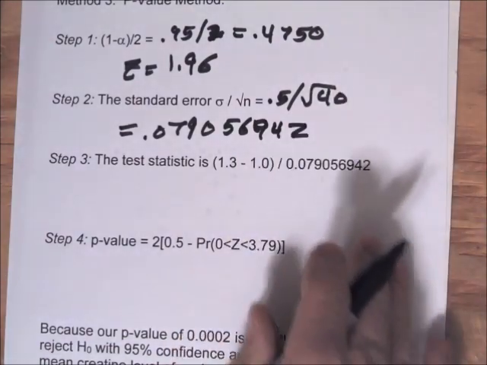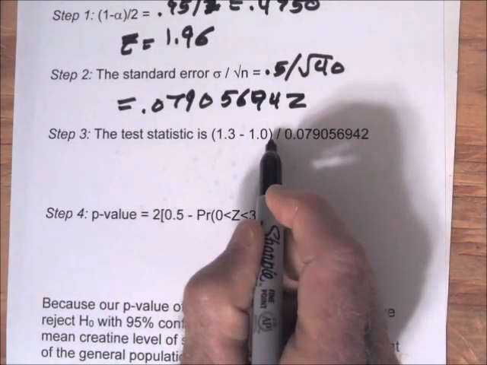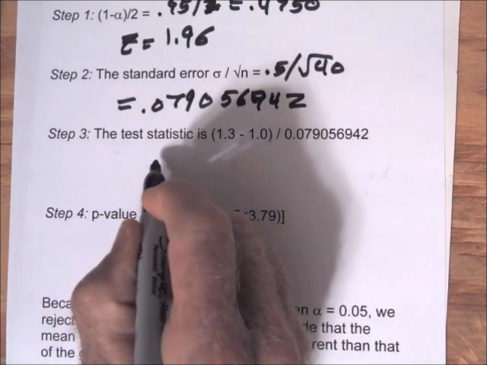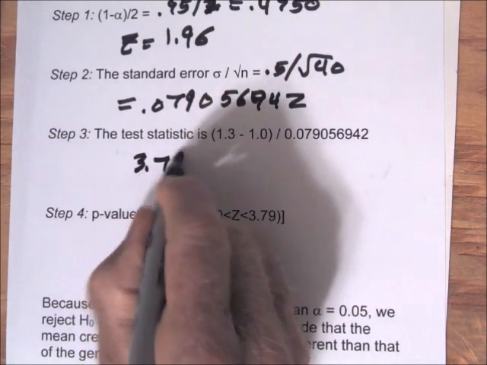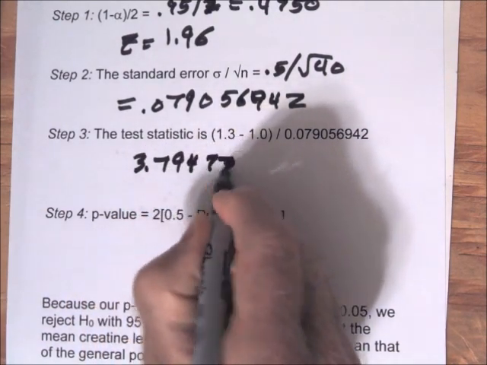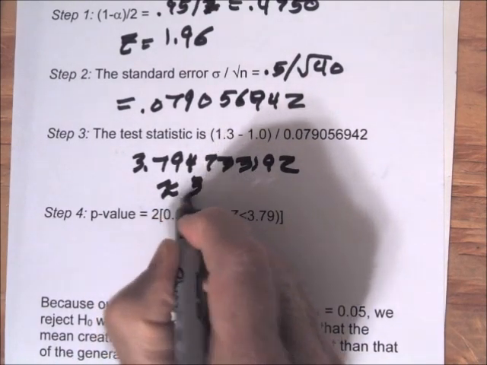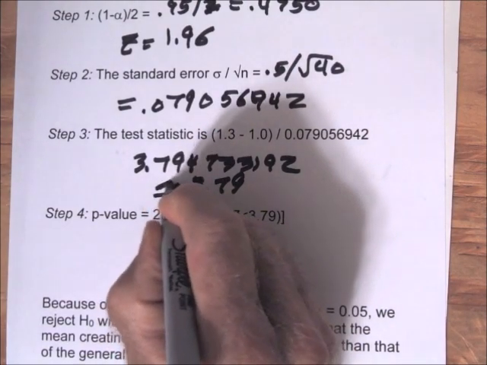And then the test statistic, same as we had before. It's 1.3 minus 1.0, divided by the standard error, and that's going to be 3.79, 4, 3, 3, 9, 2, or approximately 3.79.